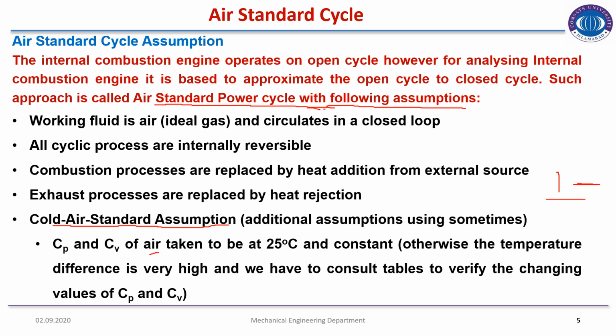As there is a significant variation of temperature throughout the cycle, the cold air standard assumption states that whenever we want to use the values of Cp and Cv throughout the process, we take these values at a temperature of 25 degrees centigrade, and the values of Cp and Cv will remain constant throughout the process.